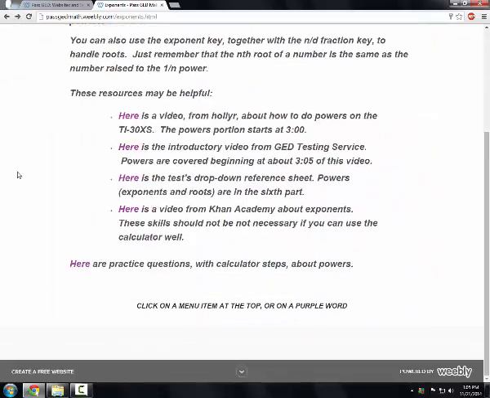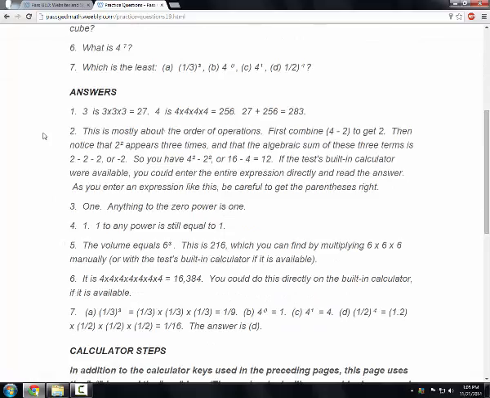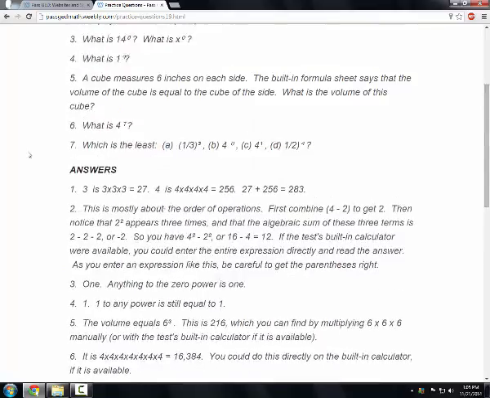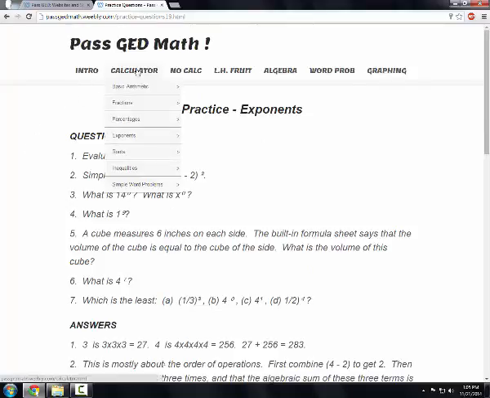And down at the bottom of this exponents page, there are practice questions. I'm clicking here. In the calculator section, there are not only questions and answers, there are also the precise calculator steps for each practice question. If you get good with the calculator, you should be able to get at least 50 points on the test.